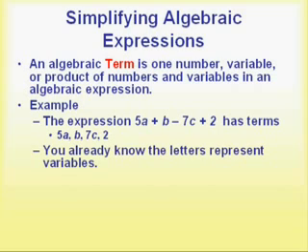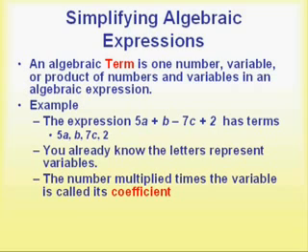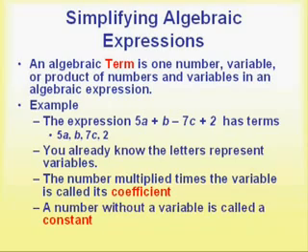You already know the letters represent variables. The number multiplied times the variable is called its coefficient. So 5 is a coefficient of a, 7 is a coefficient of c, 1 is the coefficient of b, though you can't see the 1. A number without a variable is called a constant, so in this expression 2 is a constant.